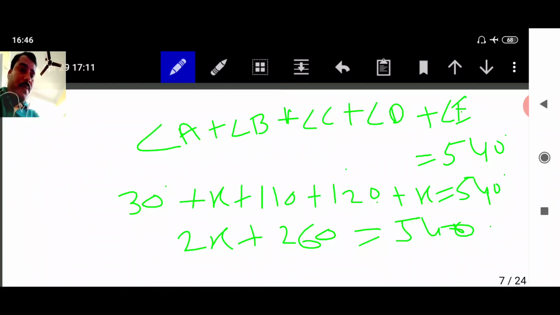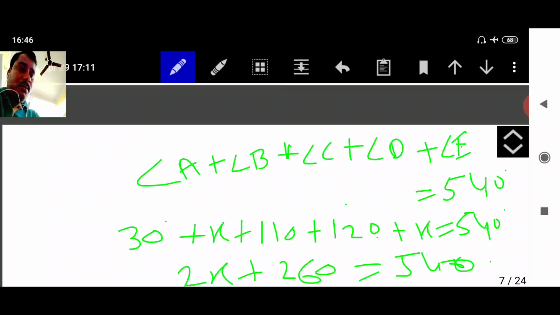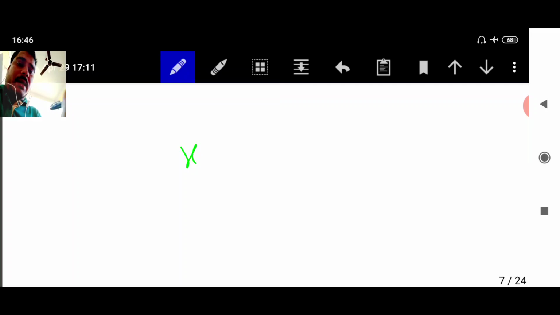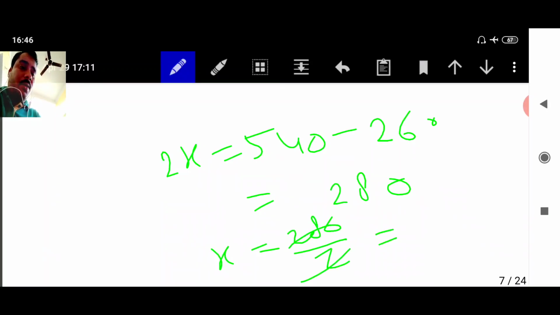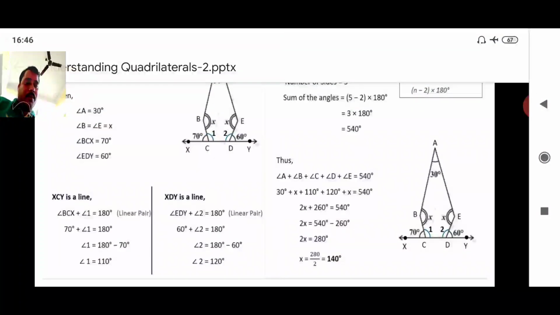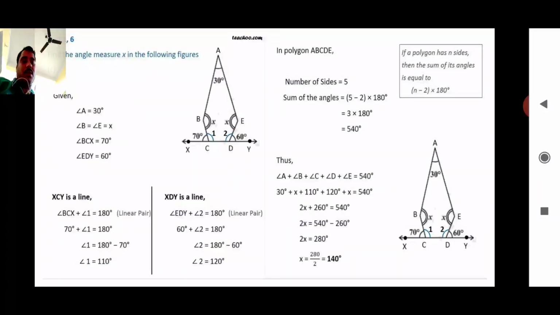Okay, you can get 2x equals 540 minus 260 equals 280, x equals 280 by 2, you get 140 degrees. Okay, the value of x equals 140 degrees, and you also see the solution of the question.